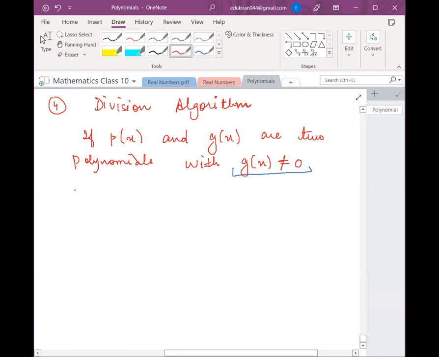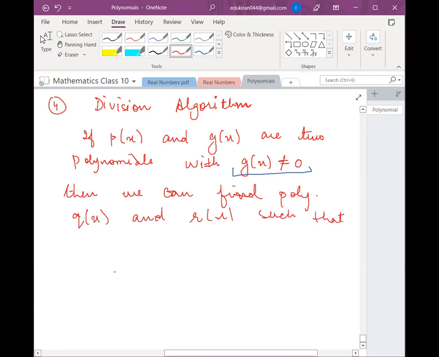Then we can find polynomials q(x) and r(x) such that p(x) is equal to g(x) into q(x) plus r(x). This is the division algorithm.